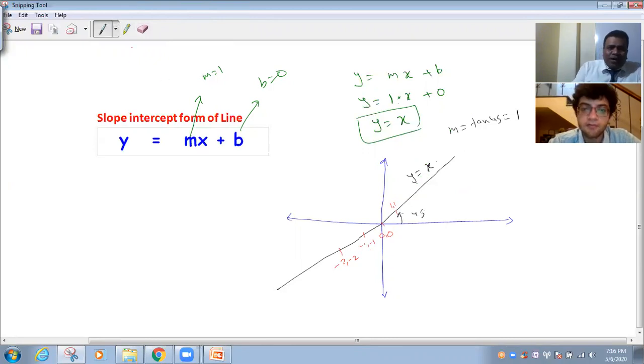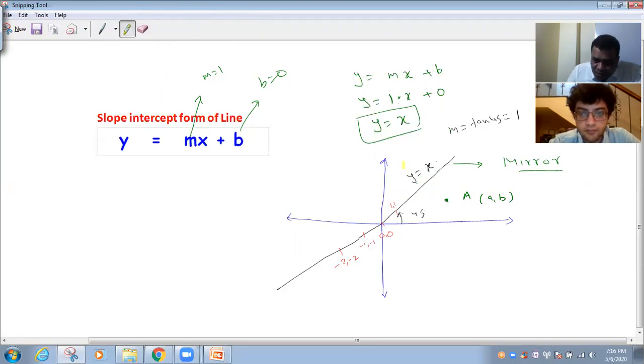Next very important point is, let us assume this line is a mirror. I repeat, let us assume this line is mirror. And I take one point somewhere here, A, and the coordinate of this one is maybe A, B. This line is mirror, so where be the mirror image? Mirror image, the point be somewhere backside, like this, somewhere here.